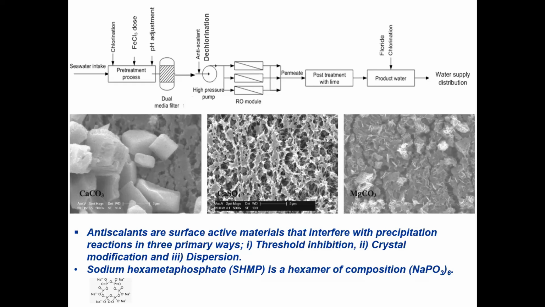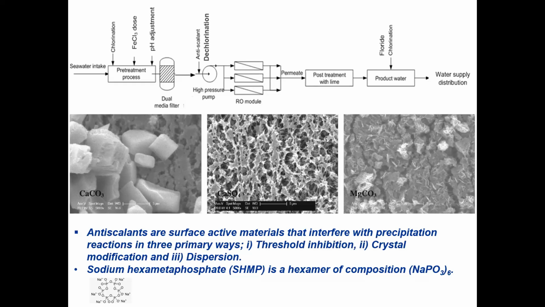So why is this important? You think about this membrane. You have the membrane here. You keep extracting water molecules, and you have a high concentration that accumulates calcium and magnesium in seawater. Because of the high concentration, calcium and magnesium combine to form calcium carbonate, calcium sulfate, calcium hydroxide.